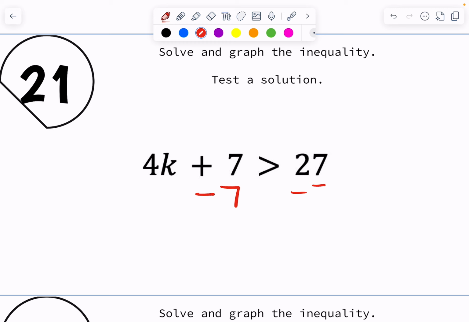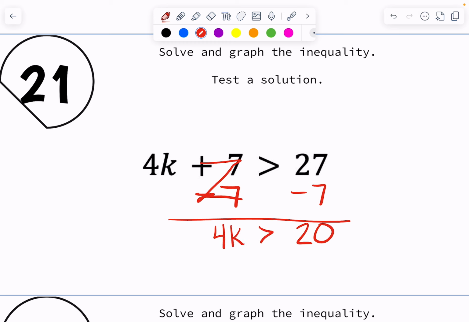So I'm going to subtract 7 from both sides. Over here with the variable, the 7's zero out, that positive 7 and negative 7. So I'm left with 4k is greater than 20. Right now k is being multiplied by 4. I undo that by dividing by 4. My 4's one out, so k is greater than 5.